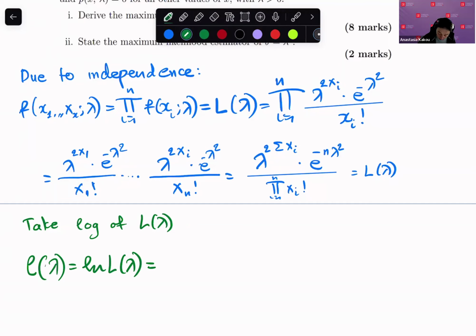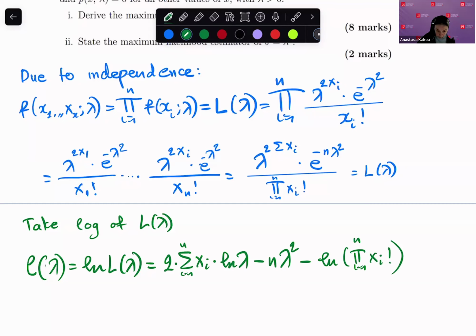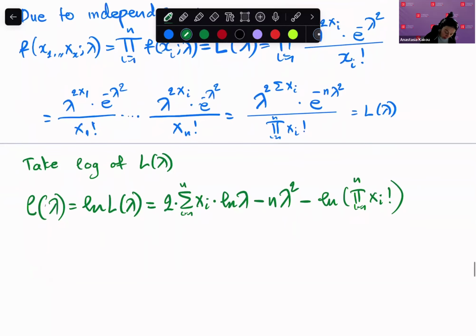So we're going to have 2 times the sum of xi's from 1 to n times the log of lambda, minus n lambda squared, minus the log of the product of the xi's factorial.